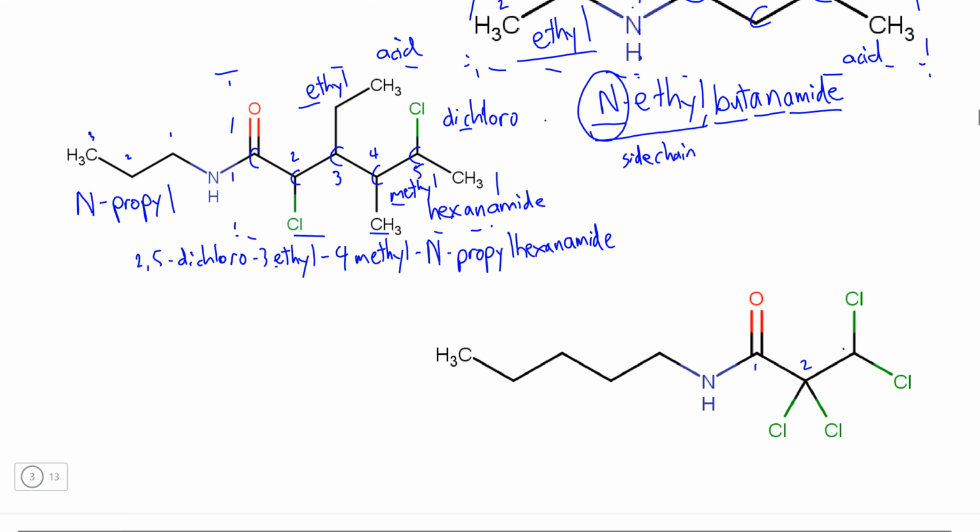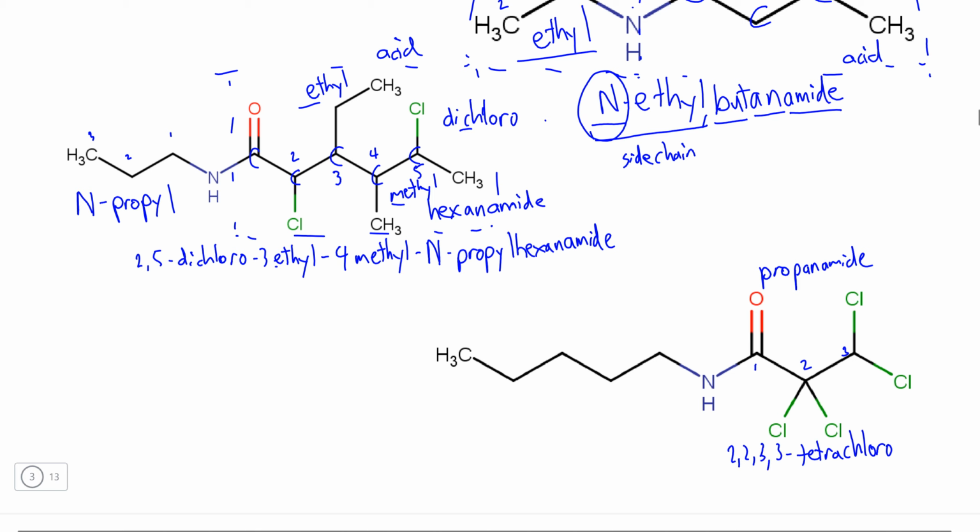If we take a look at this final example here, this is a relatively quick one. We can see that our parent chain is going to be propanamide or propanamide because we have 3 carbons in the acid side of our amide, and we have only carbon-to-carbon single bonds, and for side chains we have 1, 2, 3, 4 chloros, so we have tetrachloro, where our chlorines are located, 2 of which being on carbon 2 and 2 of which being on carbon 3.